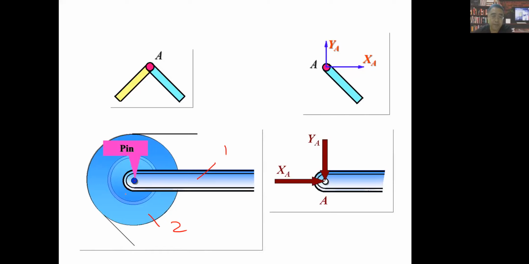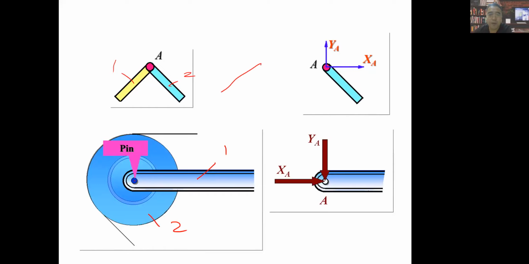So if we simply draw like this, when we select body 2 as the object to analyze, its reaction force will be XA, YA.